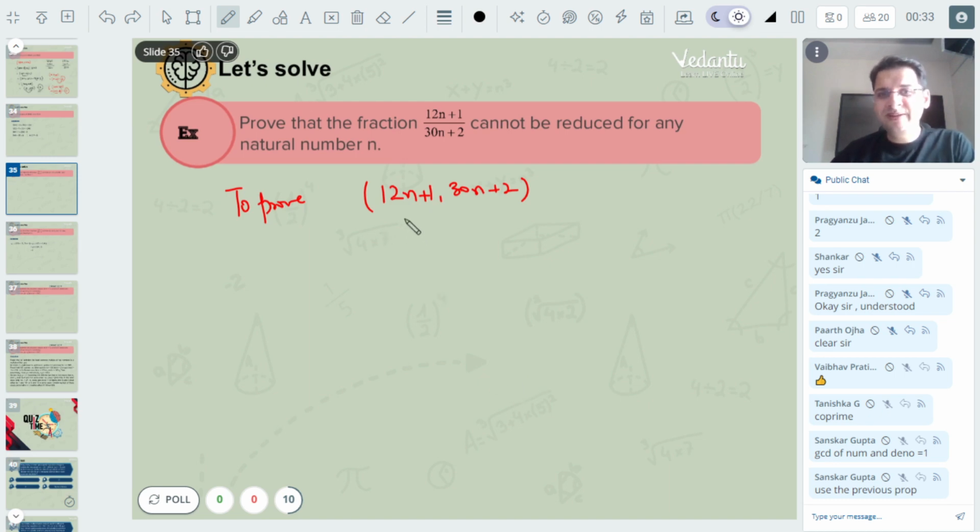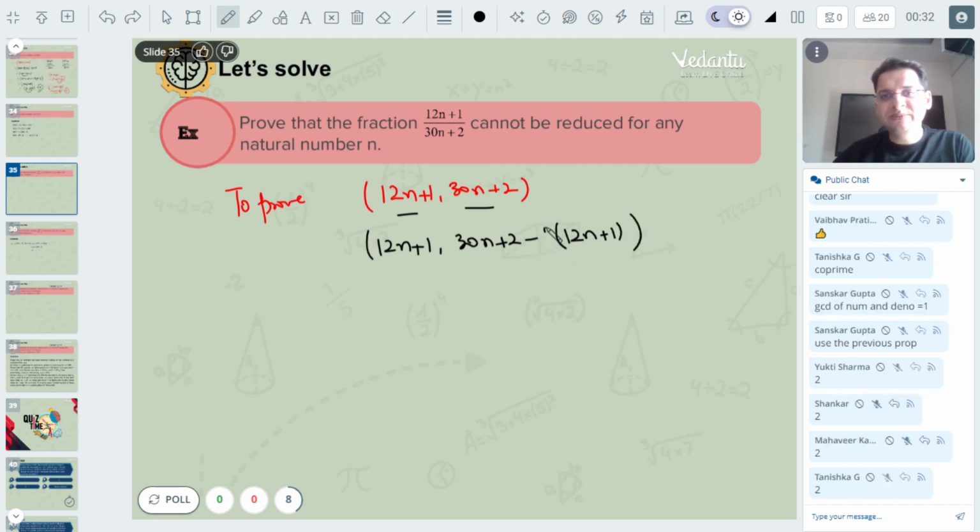So let's use the property. Clearly small number as it is, bigger minus smaller. So 30n plus 2 minus what times the smaller, guys? 2 times the smaller number. So this is 10n plus 1, 30n plus 2 minus 20n. So it is going to be 10n.